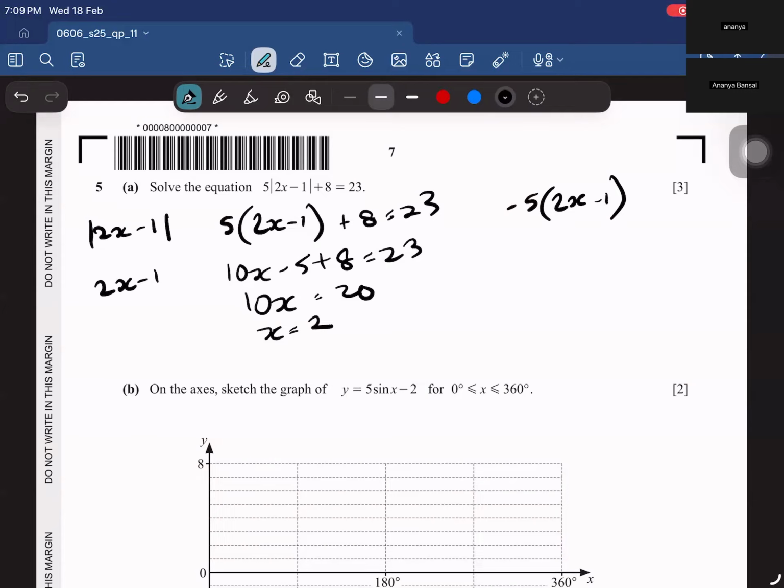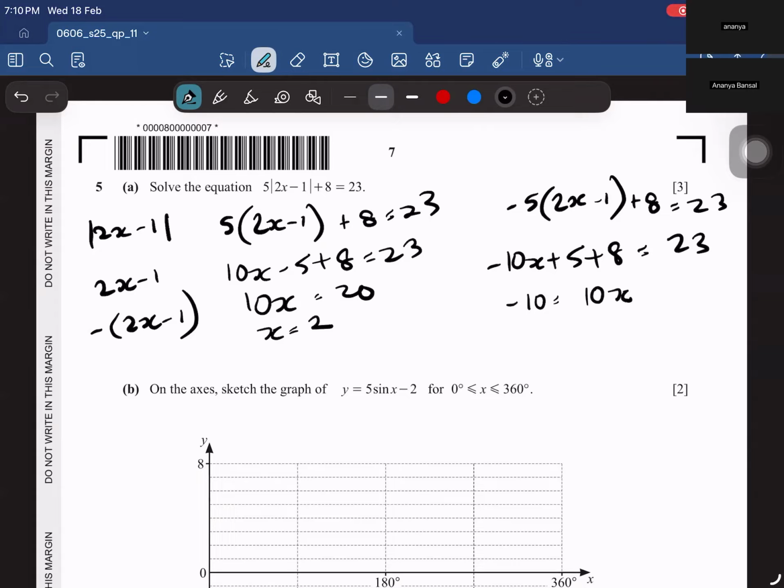But if it was negative, then it would be minus of 2x minus 1, which is what I have done here. Plus 8 equals 23, minus 10x plus 5 plus 8 equals 23, minus 10 equals 10x, x equals minus 1. These are your two final values.